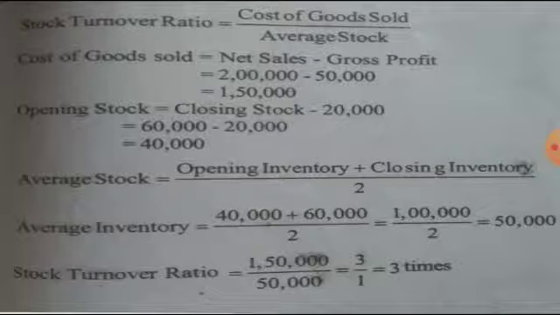You can add both, 40,000 plus 60,000, which gives 1 lakh divided by 2 according to the formula. So you will get 50,000. So stock turnover ratio is equal to cost of goods sold divided by average stock. So cost of goods sold is 1,50,000 divided by average stock 50,000. 1,50,000 divided by 50,000 is equal to 3 divided by 1, which gives you 3 times.